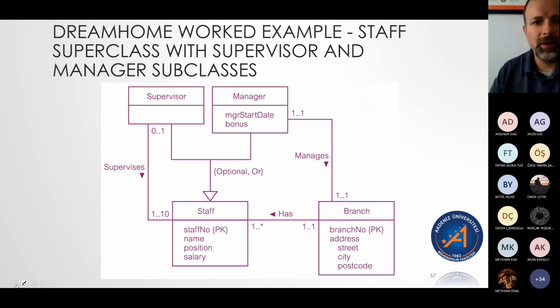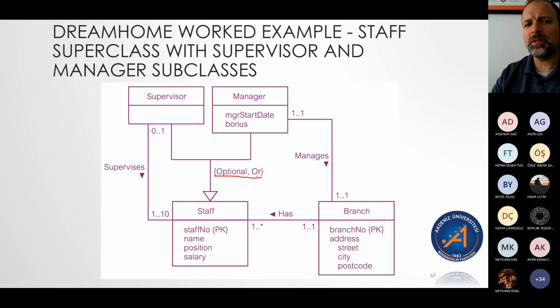We already talked about managers, sales, and secretaries, but what about this supervisor, where specific subclasses have relationships with other classes? Here we have an optional or, meaning we can have a staff person that's just a staff. We can have someone who's a supervisor.